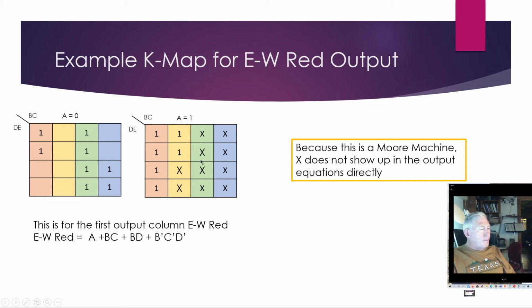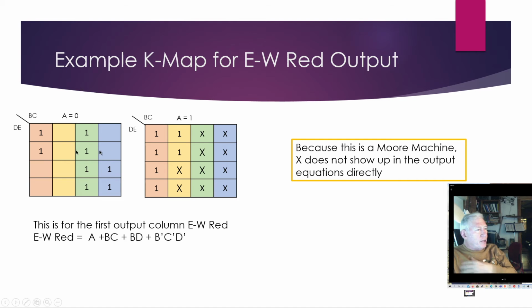This map turns out to be the constant, or actually A, because this is A0 and this is A1.